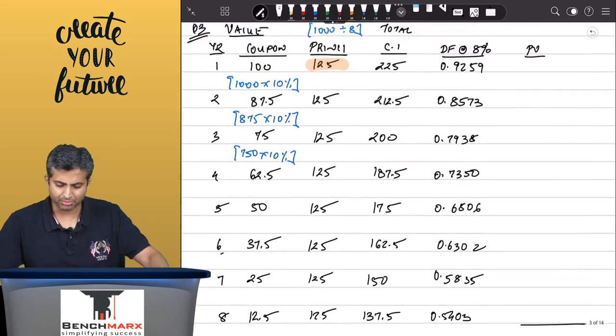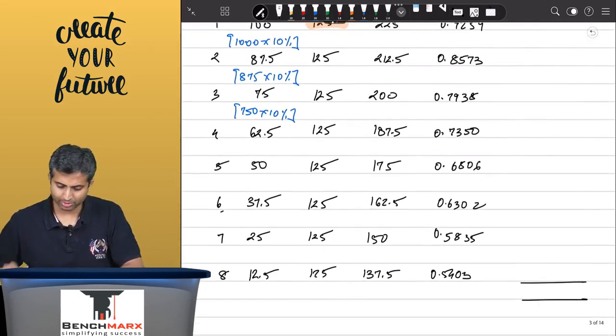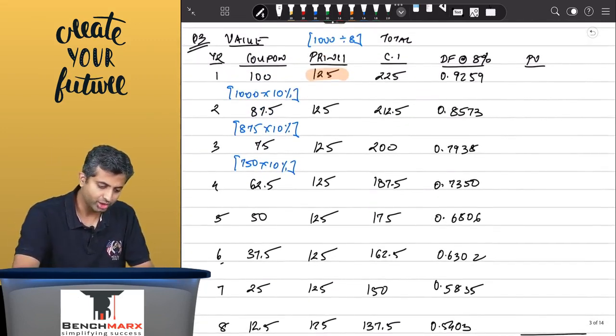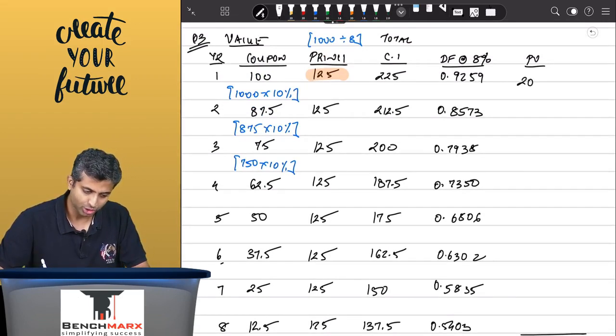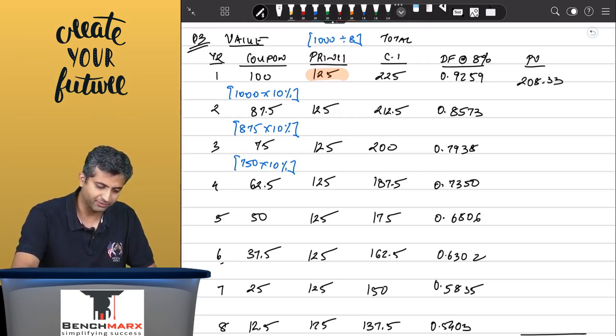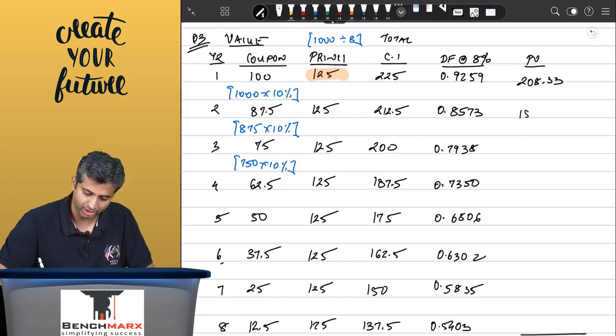and hence if I multiply these, this will be, let us say, 225 into 0.9259 plus 208.33. Again, you don't need to write this, I'm just writing it for the purpose of reference. Then you will have 212.5 into 0.8573, plus, let's say, 182.18, and so on.